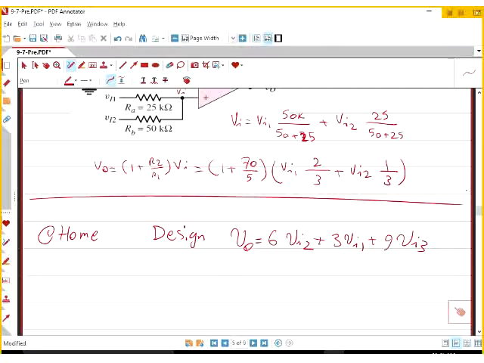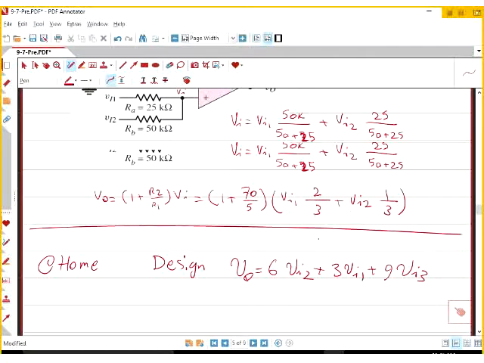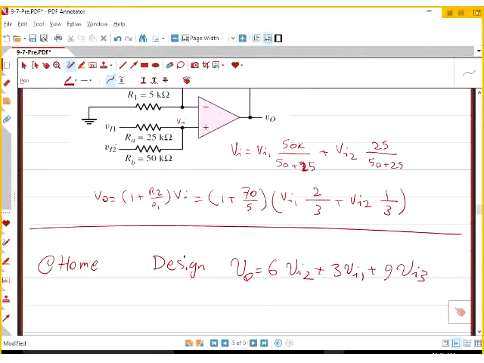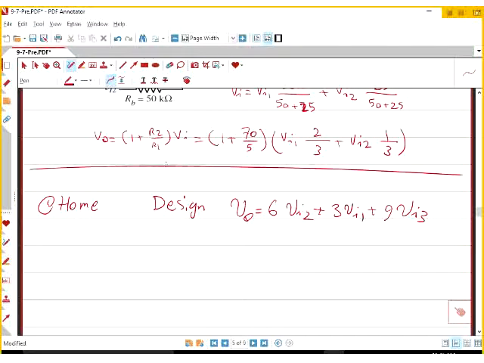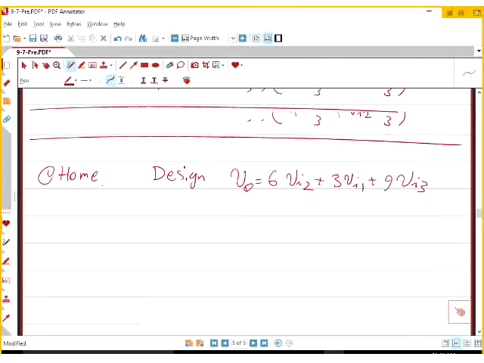You don't see any negative number between those, so it means you are using a summing, non-inverting summing, and all you need to do is, you have 3 inputs, find out R1, R2, R3, R4. Okay.